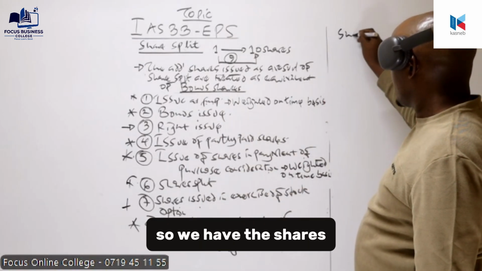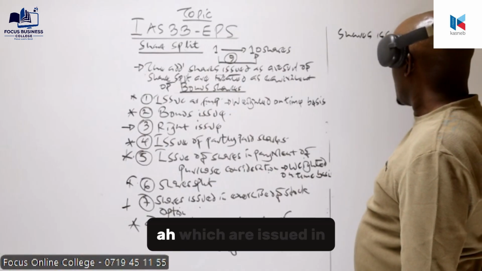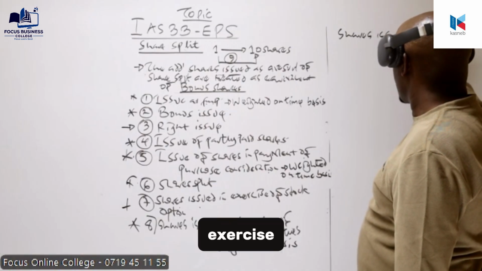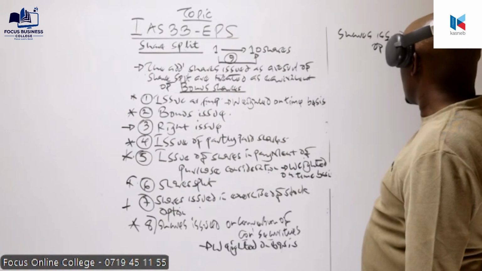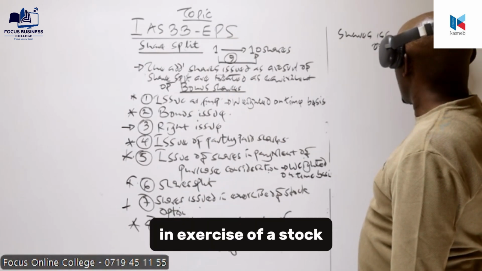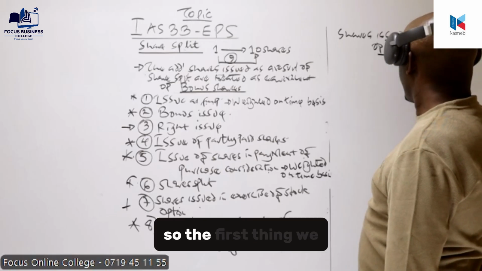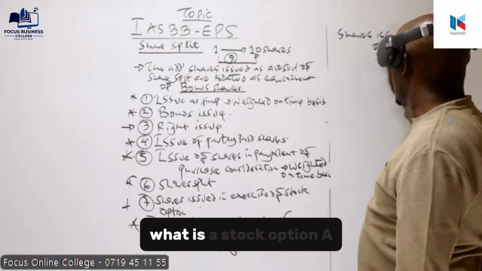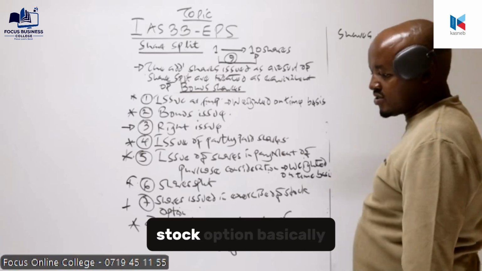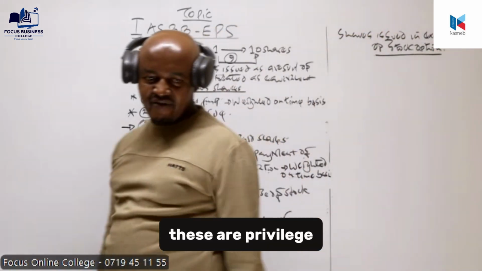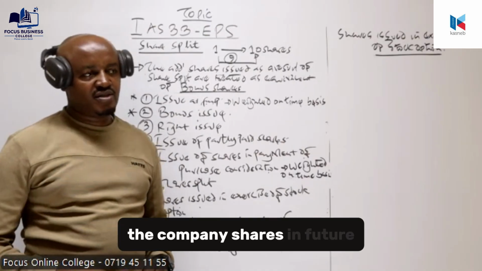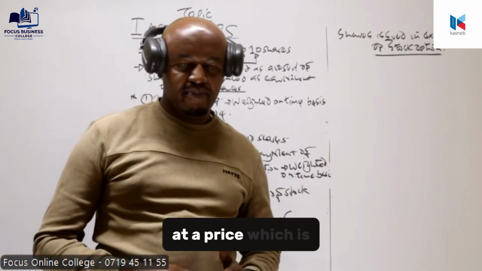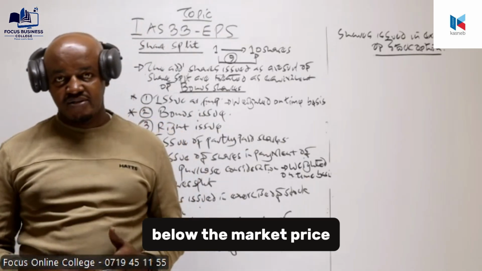So we have the shares which are issued in exercise of a stock option. The first thing we need to ask ourselves here is, what is a stock option? A stock option is a privilege which is given to the employees of the company to be able to buy the company shares in future at a price which is below the market price.